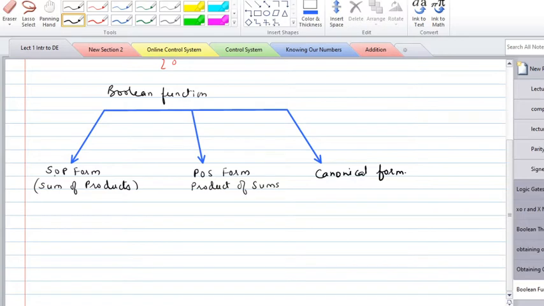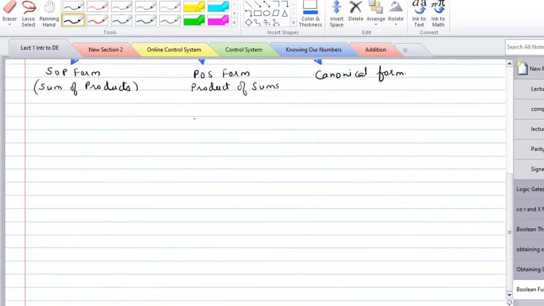Let us see what is sum of product form, or SOP. In sum of products form, a Boolean function is represented by a sum of product terms.